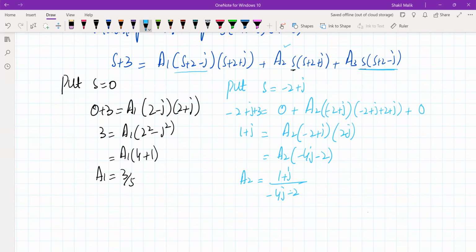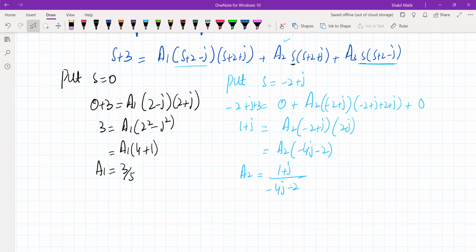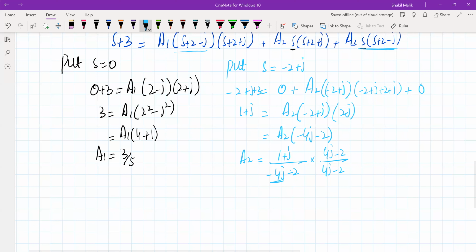All right. To bring it in a plus bj form, we'll do the rationalization. We multiply numerator and denominator by, if it is minus j here, we'll multiply it by plus j. So we'll multiply by (4j minus 2)... this is referred to as rationalization.